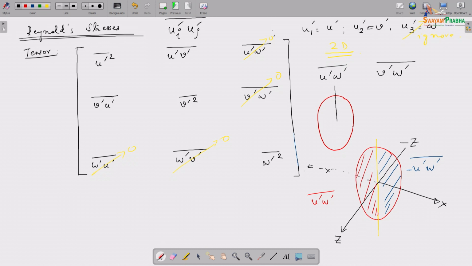So this is my, right, and then this. So again you have V' and W'. Then I have one half like that, and you have the other half like that.